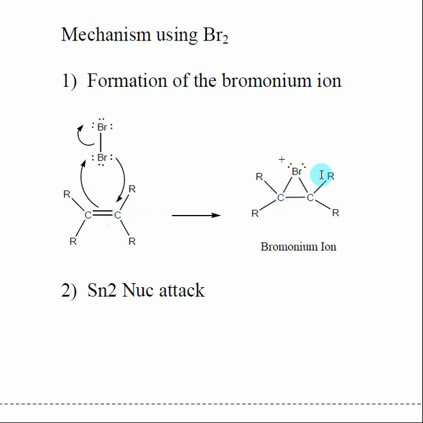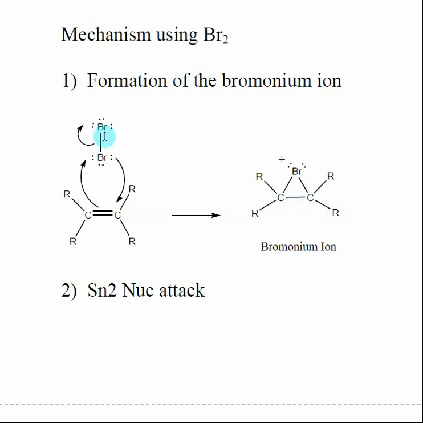So we end up forming this three-membered intermediate called the bromonium ion. Onium means positively charged, so that's why it's called that. The bromine has a positive charge in this case. And this now is very viable to attack. This 3-membered ring really wants to be broken.